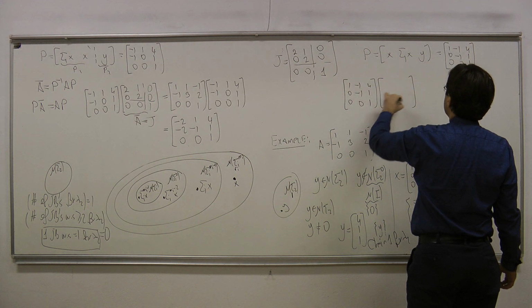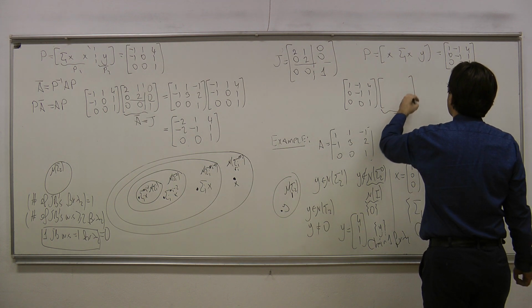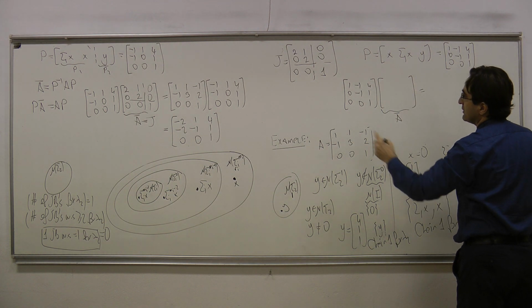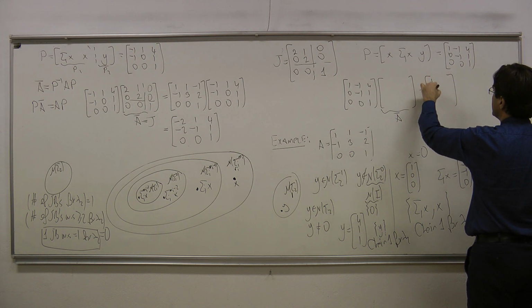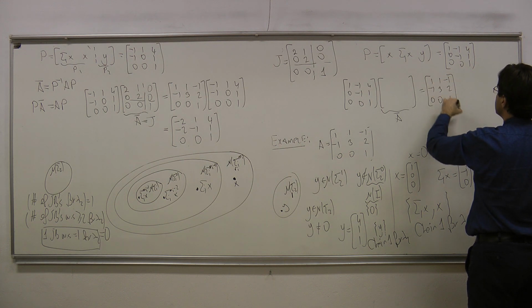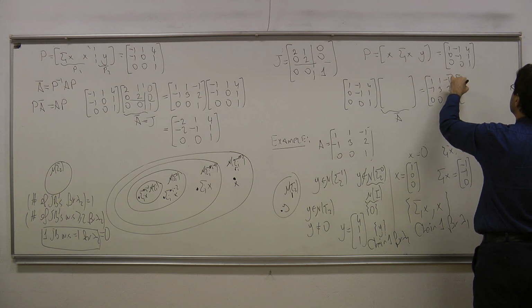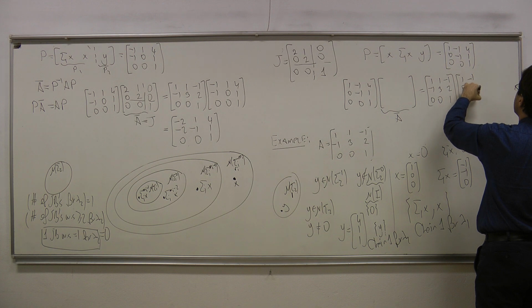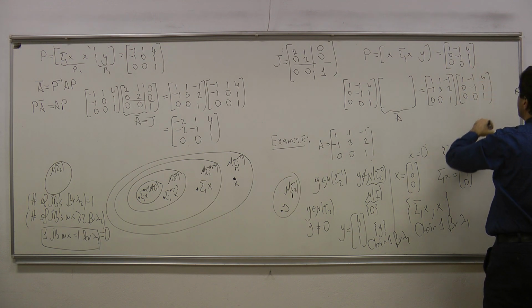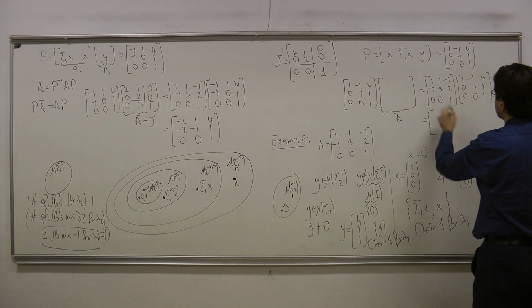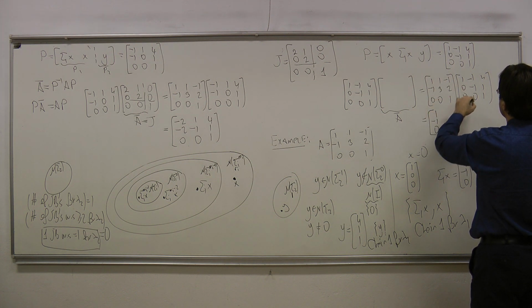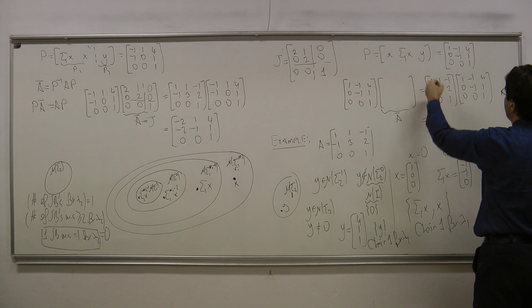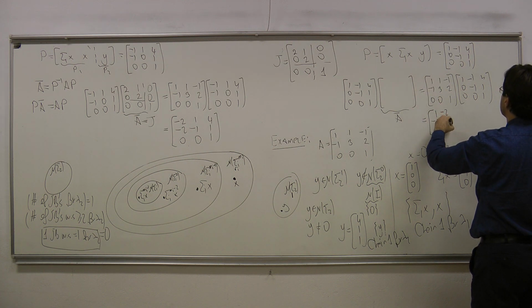Times A bar. So that is my A bar. And here A times P. A is this matrix. Times P, 1, 0, 0, -1, -1, 0, 4, 1, 1. And in this case, if I do this multiplication, you would see that this is going to be 1, -1, 0. And I would have this -2, -2, 0.